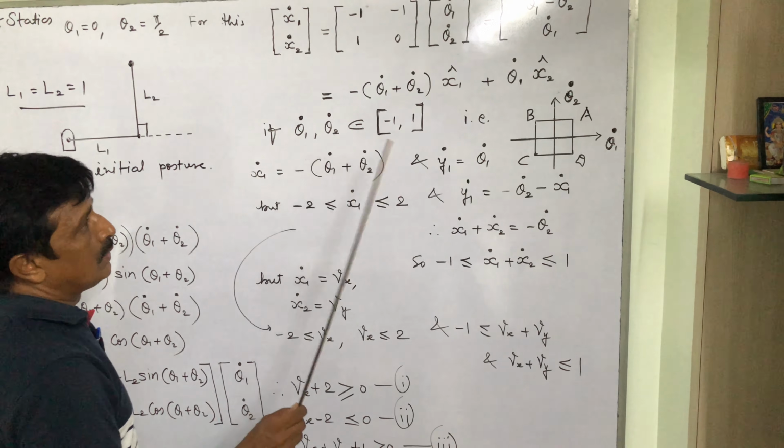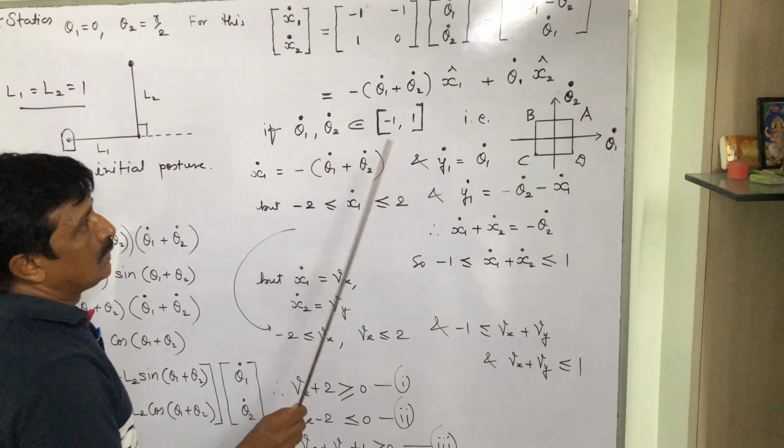If we take theta 1 dot minus 1 and theta 2 dot also minus 1, we get 2, minus 1. And the last corner point of the square, theta 1 dot is 1 and theta 2 dot is minus 1, gives 0, 1.